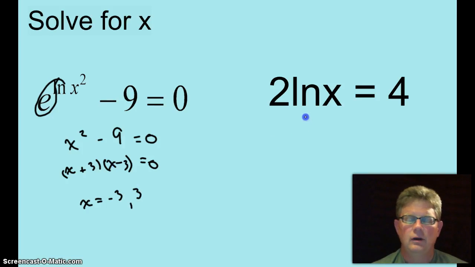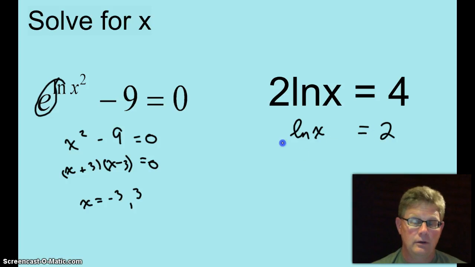Alright, here's a nice trick here. Before you mess around with logarithms and trying to find out what ln of some variable is, first of all, get rid of coefficients if you can. Divide both sides by 2. ln of x equals 2. And now this is a cool word.